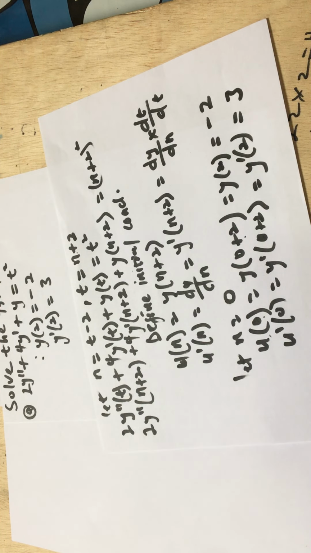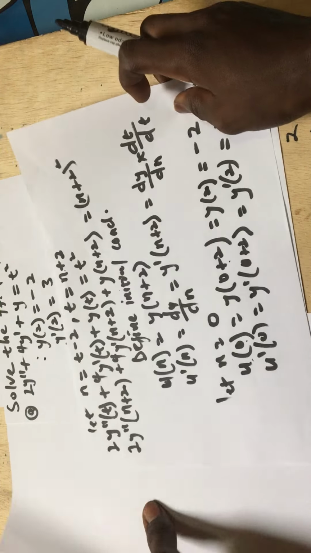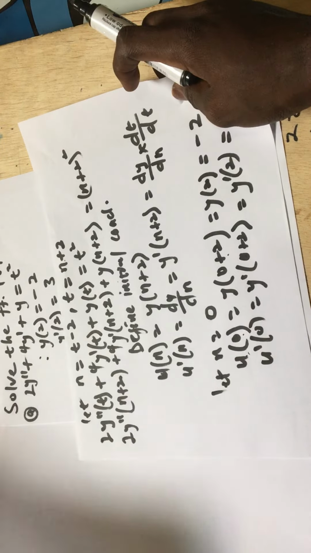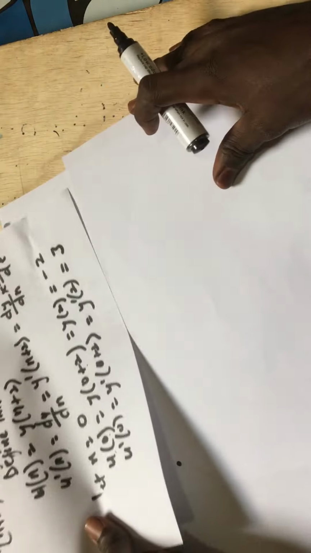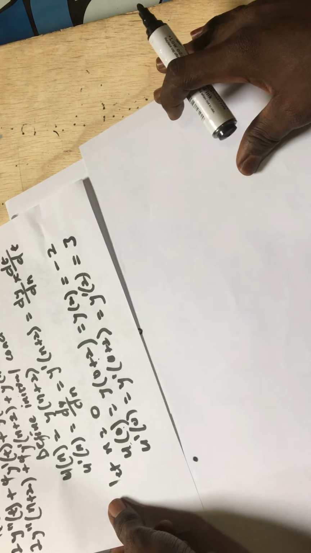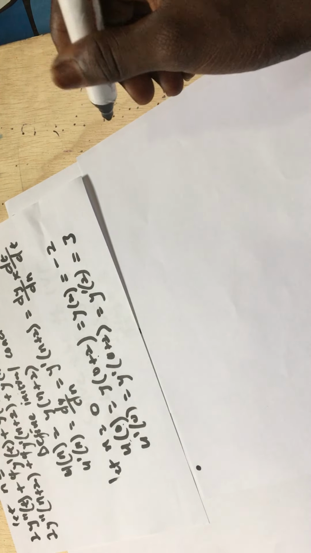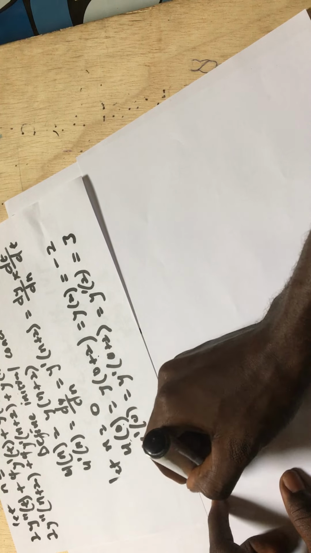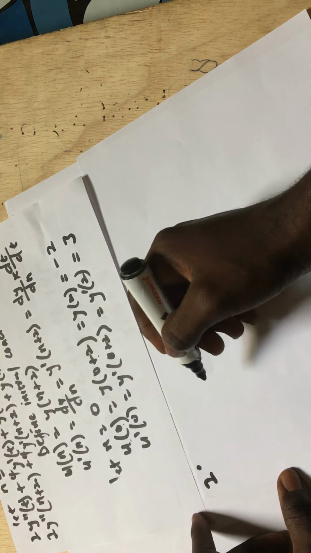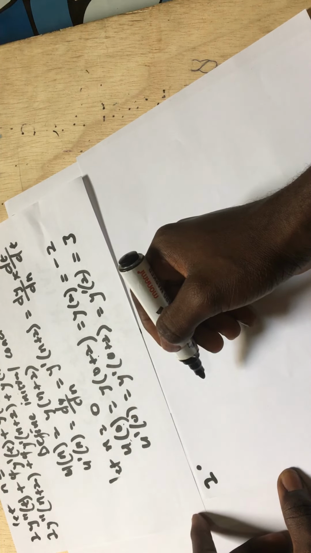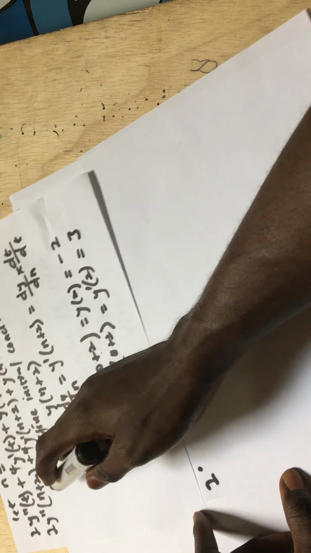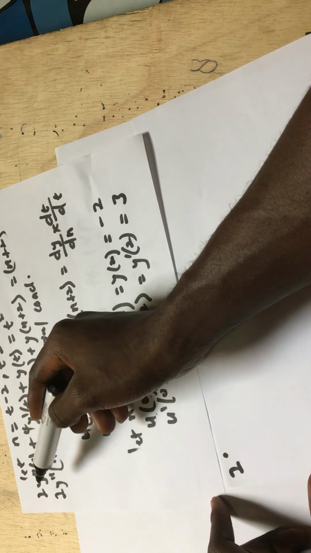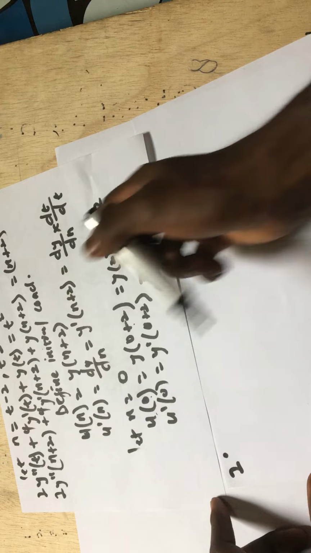Are you okay? So now we have a new variable. So now our new equation will be: in place of t, we are putting n, and in place of y of t, we are putting u of n.